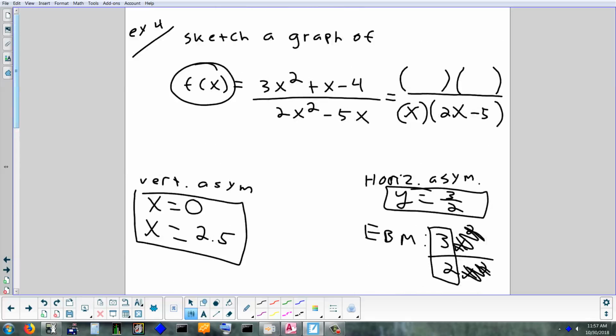It does factor into 3x and x, and two numbers that multiply to give me 4. You've got 2 and 2, and 4 and 1. I would go with the 4 and the 1. Because 3 times 1 is 3, 4 times 1 is 4, 3 take away 4, I can get a 1 in there somehow. So now I just have to decide on my signs.